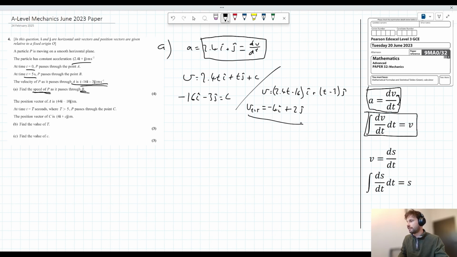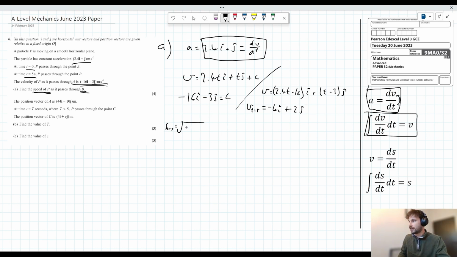Note this isn't our final answer since this is velocity and we're looking for the particle's speed. If we want the particle's speed, then we can take the magnitude of this velocity here. We can say s at t equals 5. I'm denoting speed with s here.